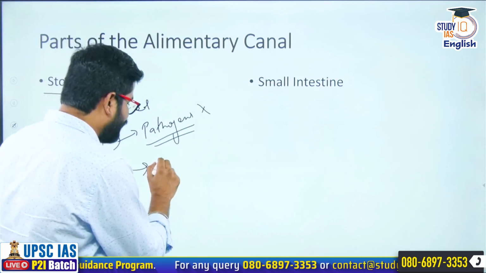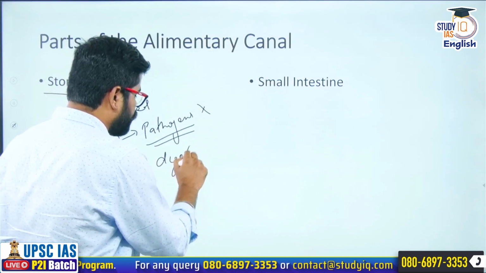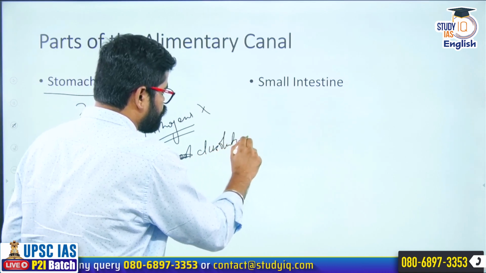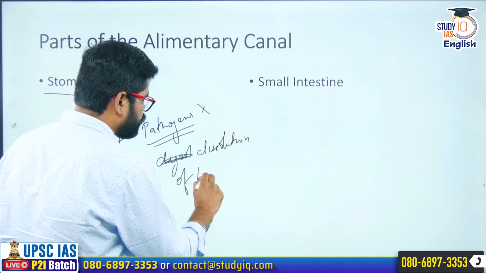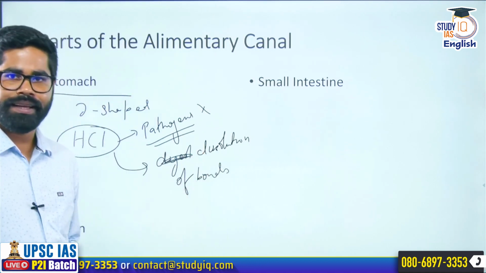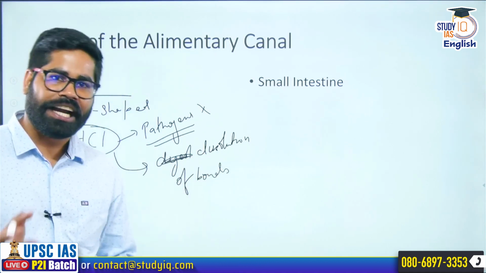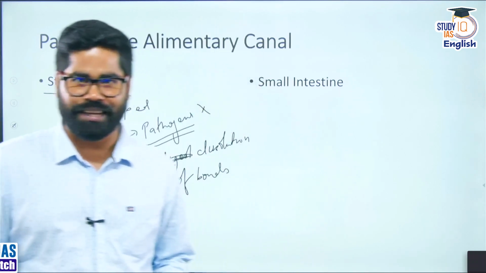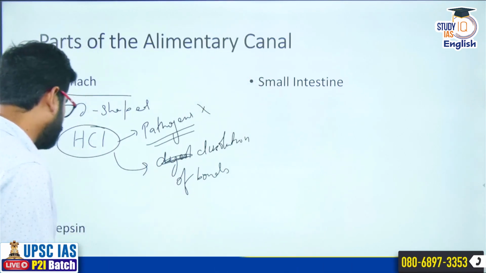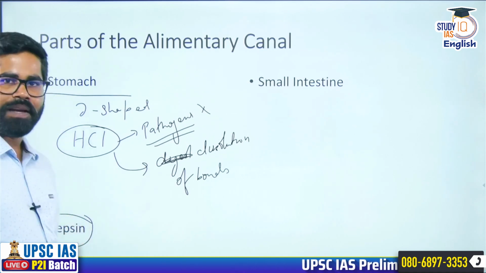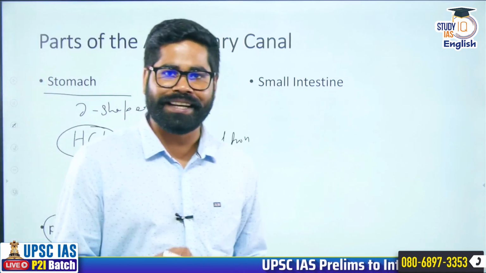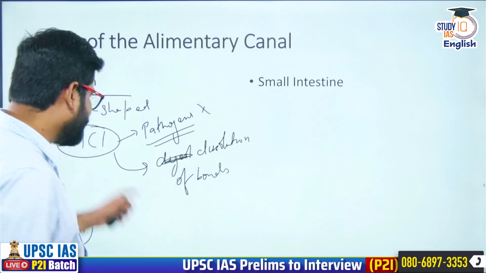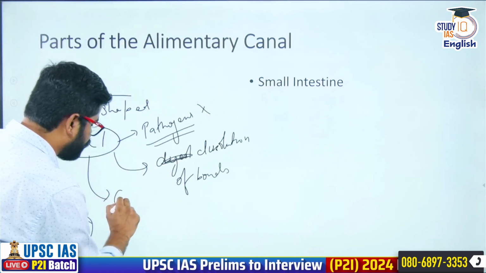So again, digestion of food, or dissolution of bonds in the food. Then it also creates a conducive environment for the working of certain digestive enzymes. There is one particular enzyme called pepsin.